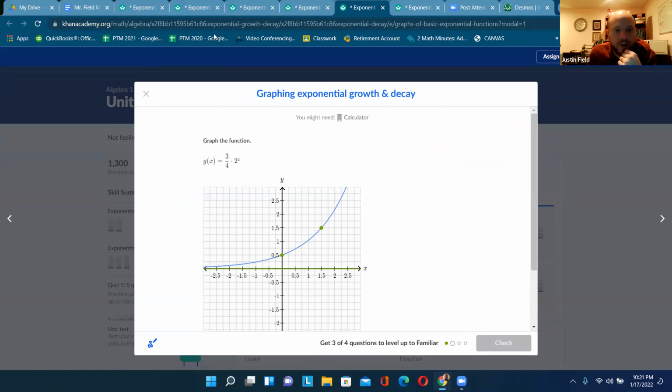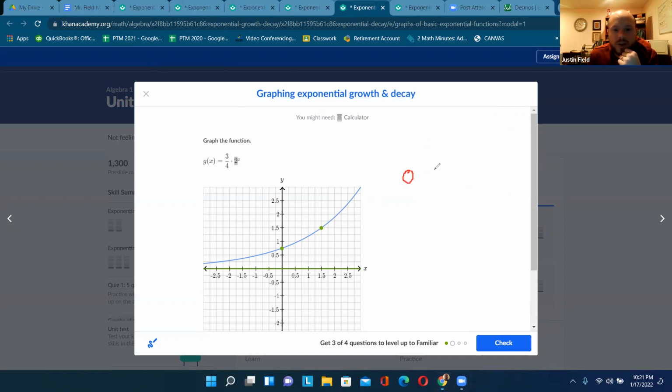Okay. So our y-intercept is 3/4, and we can graph that. It's right there in between 0.5 and 1, and the growth factor is 2. So let's make a table again, so 0, 3/4, and 1.